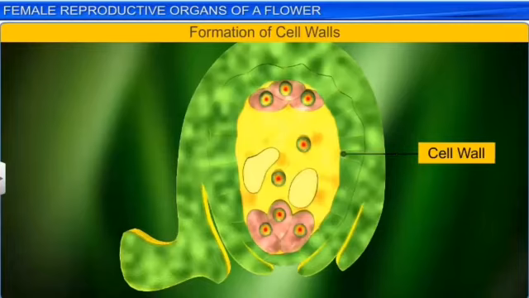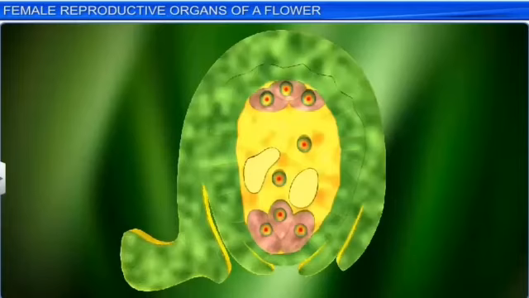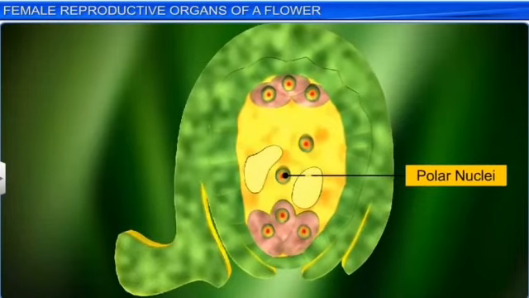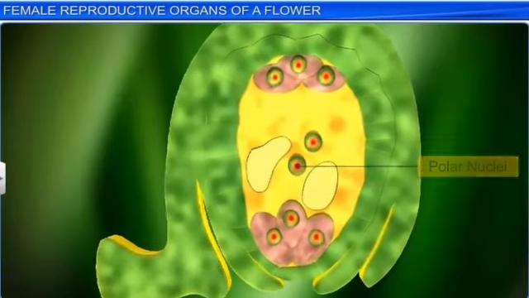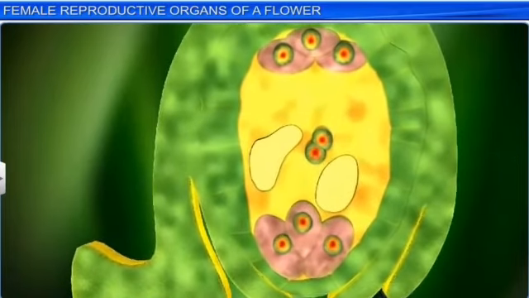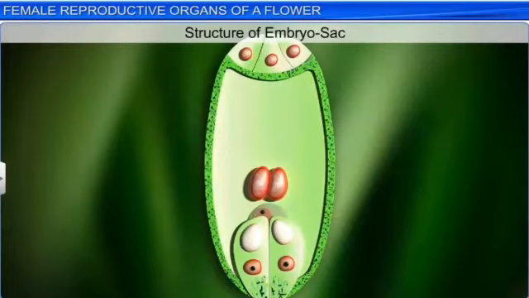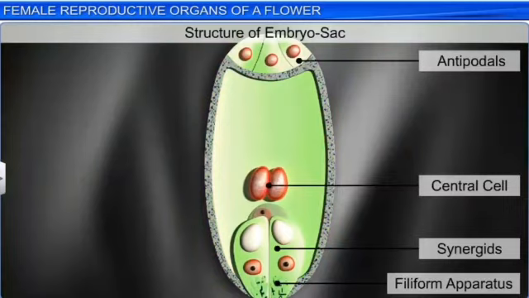Here we can observe very well the 3 at the top, the 3 at the bottom, and the 2 polar nuclei arranged at the center. Well, out of the 6, the 3 cells arrange at the micropylar end and form the egg apparatus. And the other 3 at the chalazal end form the antipodal cells.